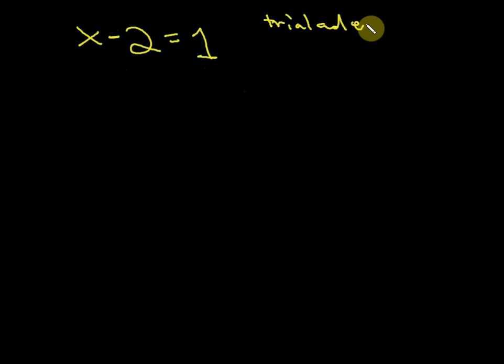So let's get back to our other example, which is x minus, I believe it was 2 equals 1. Well, I showed you trial and error, and that doesn't work here.